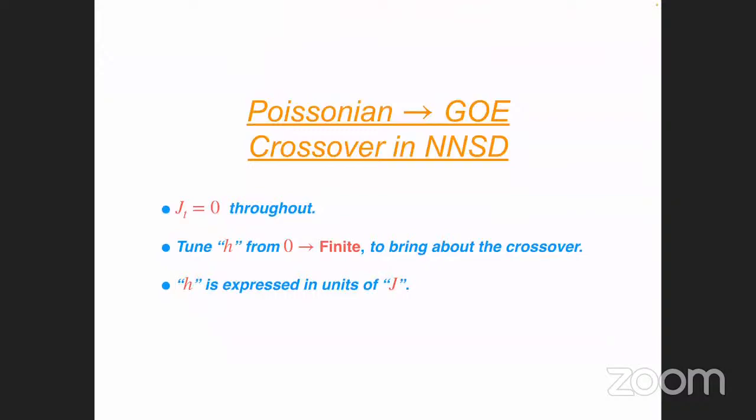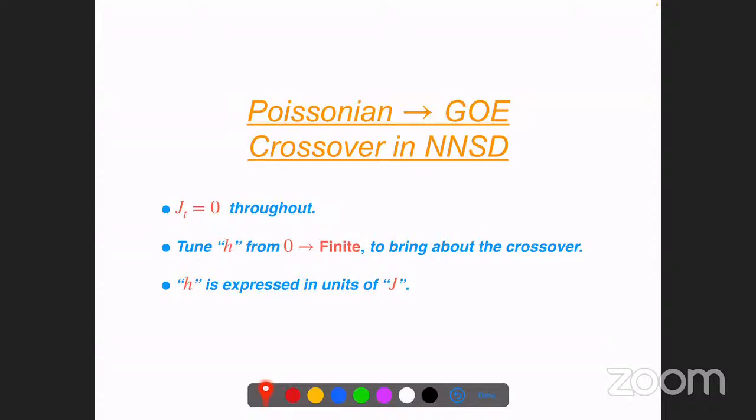Okay, in order to achieve the Poissonian to GOE crossover, we keep J_chi, the amplitude of the scalar chirality term, always fixed at 0, and then tune H, the amplitude of the magnetic field, from 0 to finite to bring about the crossover, with everything expressed in units of J. So we take one particular value of H, which is the width of the distribution from which the magnetic field is drawn.